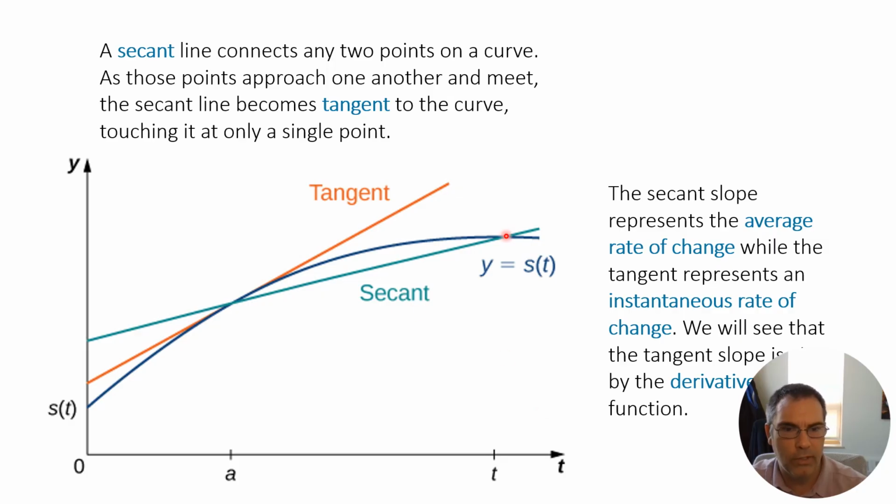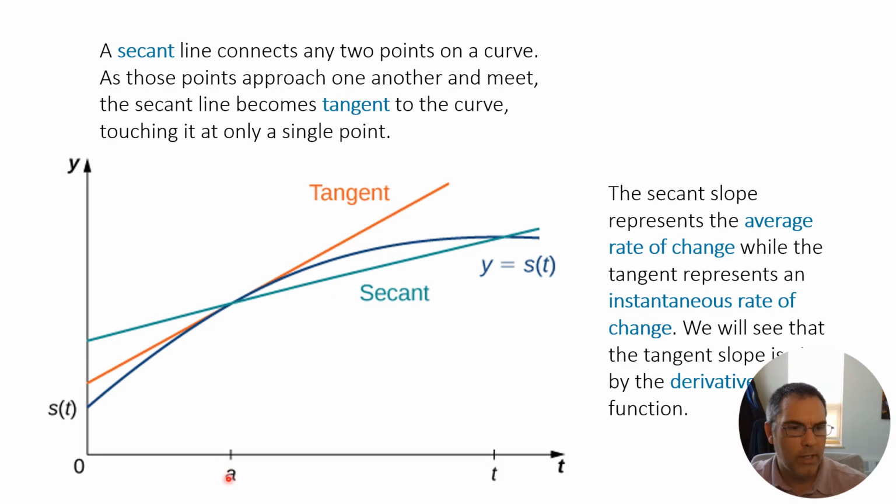Now I've drawn another line on here. Or I should say your textbook has drawn another line on here called the secant line. And the secant line is the line that connects any 2 points on the curve. And so there are infinitely many secant lines that you could draw. Now what's the difference between the secant line and the tangent? Well, the tangent represents the rate of change at that point.